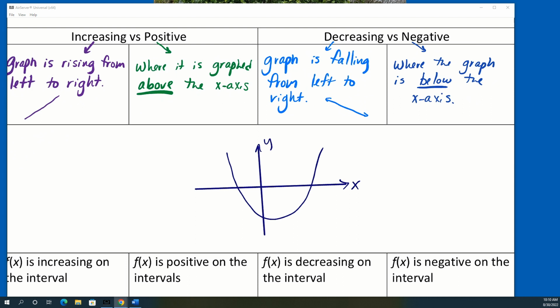All right, so I want you guys to just put a mark at the x-intercept on the left, and we're just going to call that A. All right, put a mark where you have the vertex, we're going to call that B. And then the x-intercept on the right, we're going to call C.